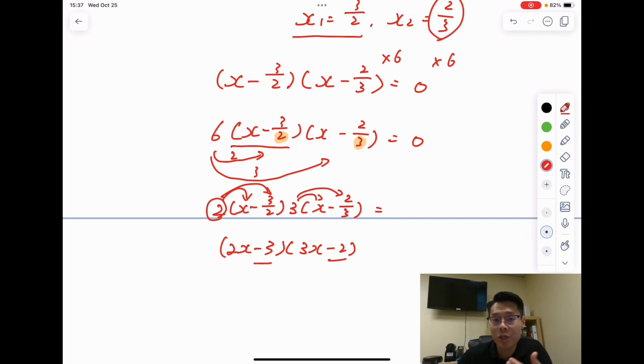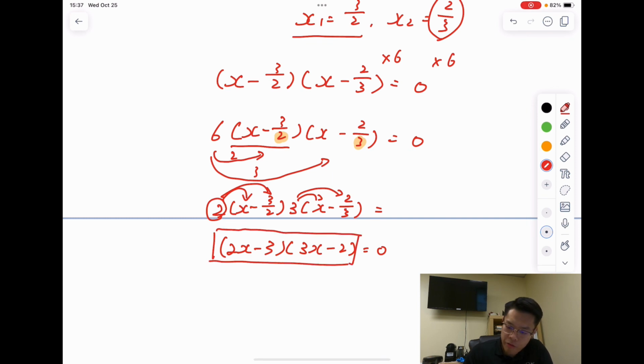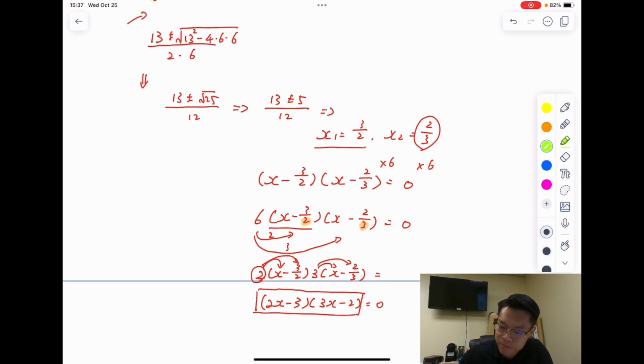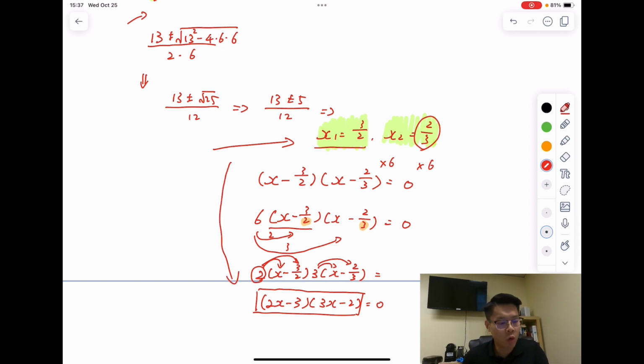The 2 will reduce with the denominator, and the 3 will also reduce with the denominator as well. So this will be my final term, and I'm done. So I got this from the answer that I got from the quadratic formula. And the question's goal is for me to get the answer first and then utilize this answer to get the factorization form. That's it.